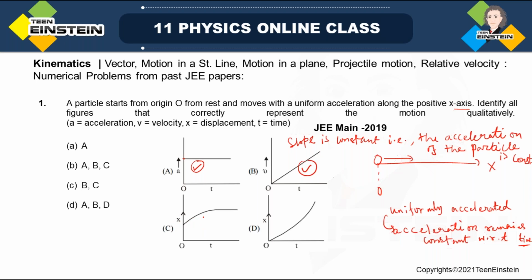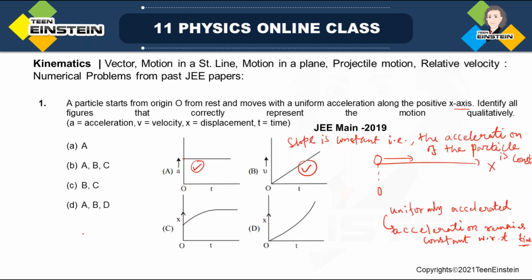So here the only clue is that the acceleration is uniform. With respect to that, you have to think. While analyzing this graph, you can see this is plotted as displacement versus time.